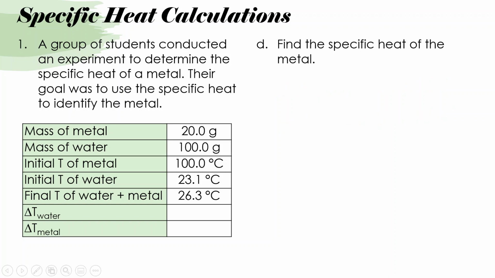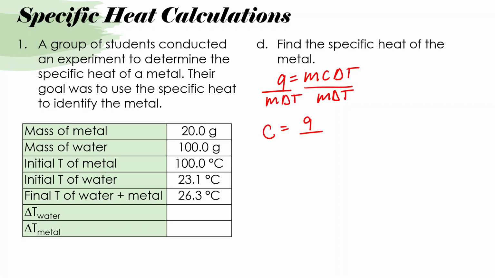Now we want to find the specific heat of the metal. We're going to use Q equals mc delta T again, but this time we're solving for C. I'm going to divide both sides by m delta T, and that gives me that C is equal to Q over m delta T.